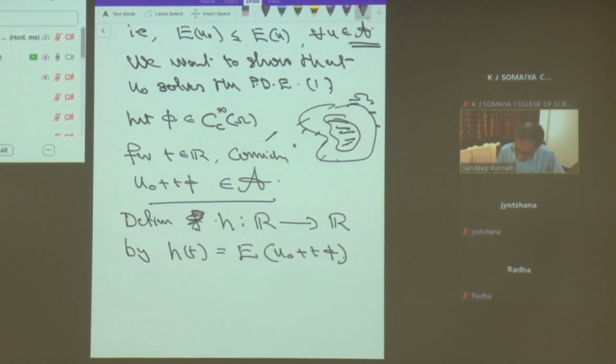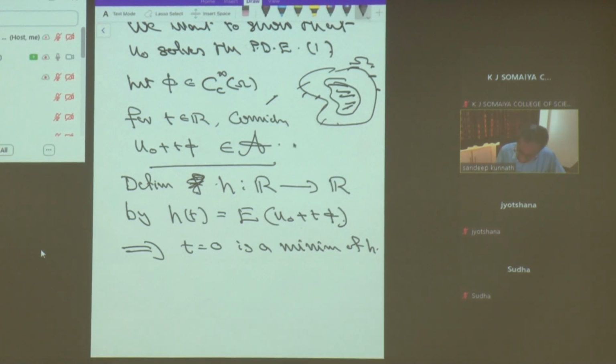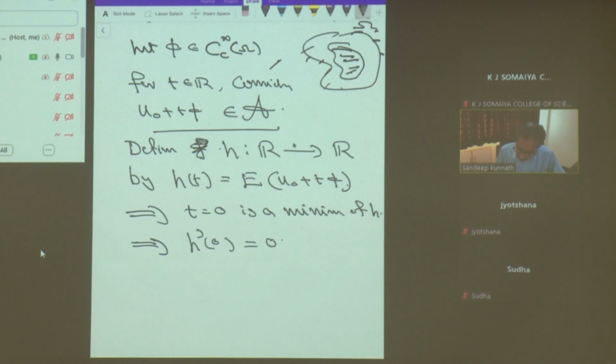This is a real valued function, and since u naught is a minimizer of the energy, this implies that t equal to 0 is a minimum of the function h. So you know from standard calculus that this implies that h derivative at 0 will be 0. Okay, so let us try to see what it means.